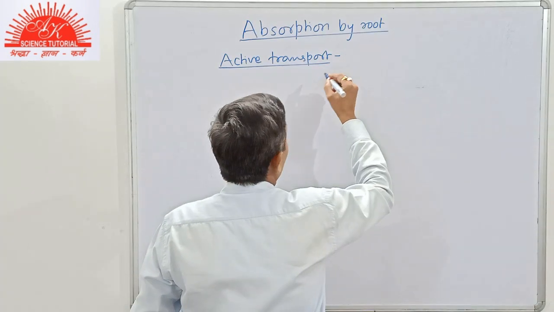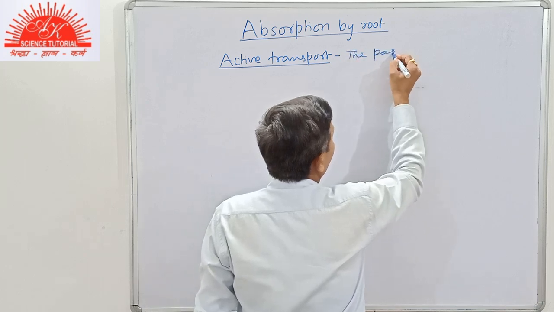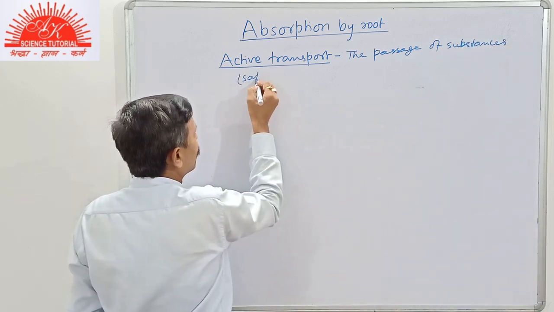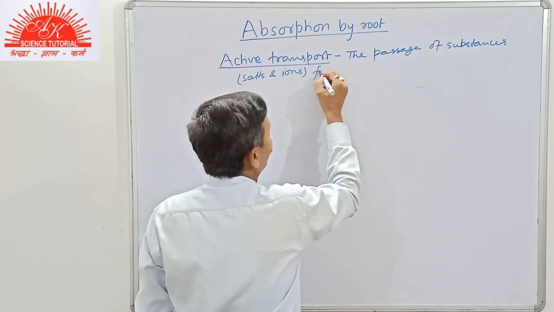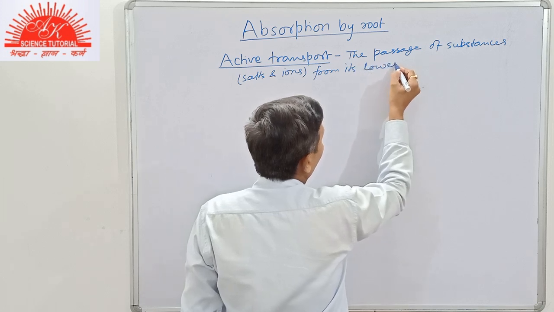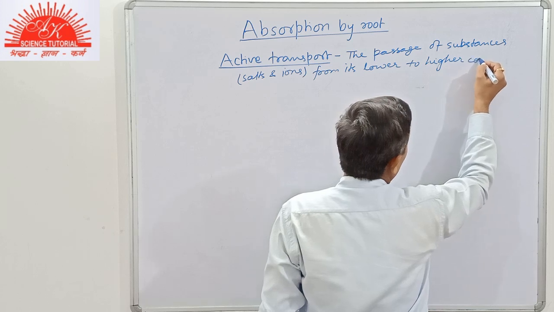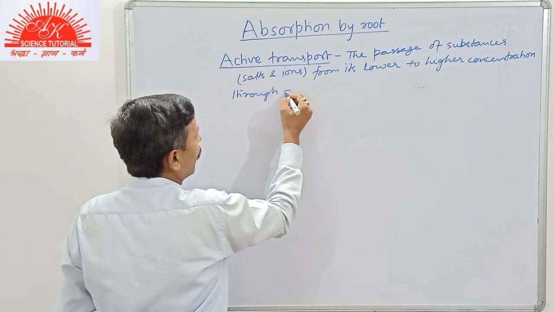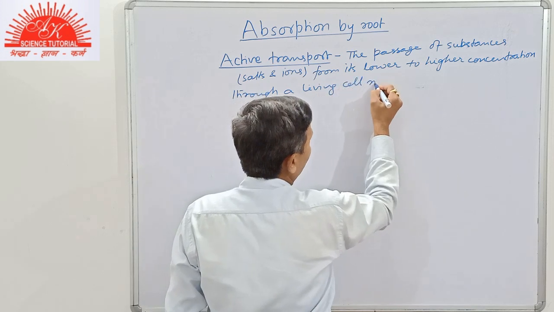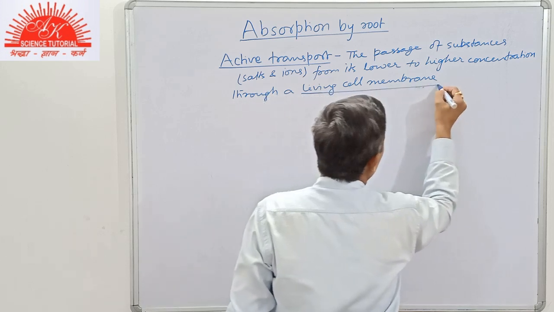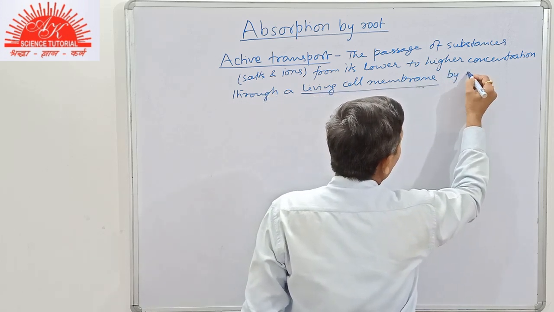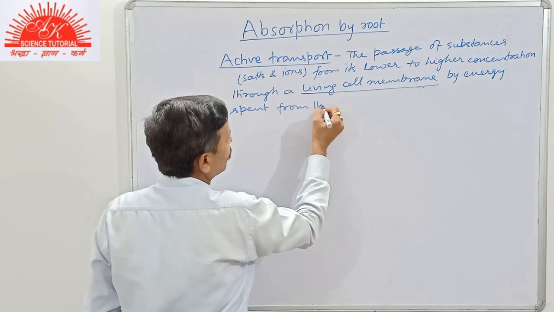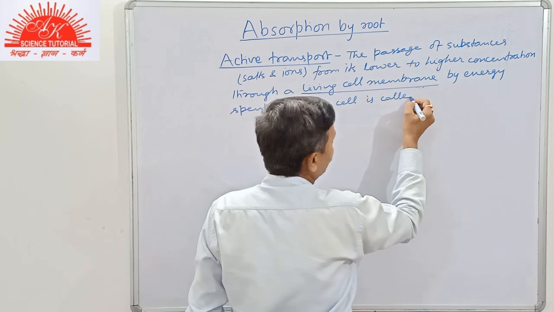So here it is active transport: the passage of substances like salts and ions from lower to higher concentration through a living cell membrane by energy spent from the cell is called active transport.